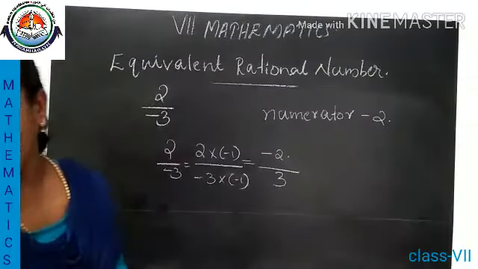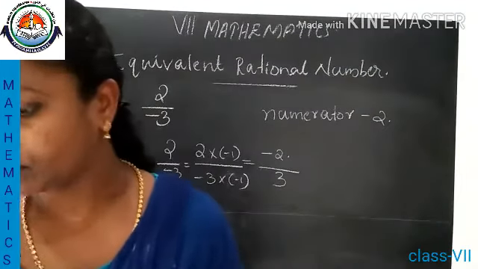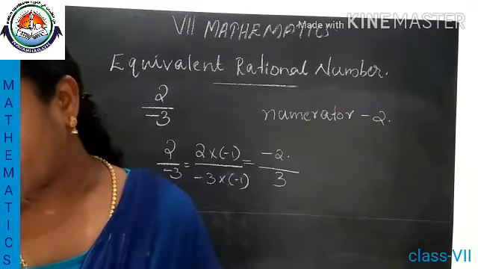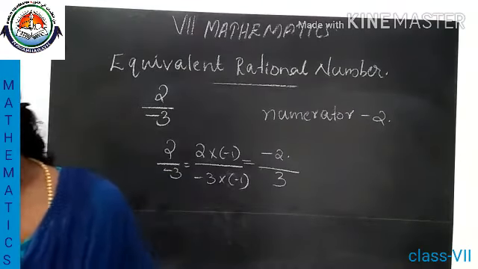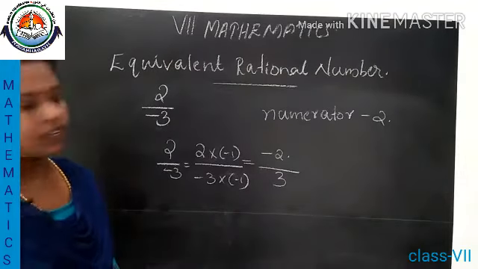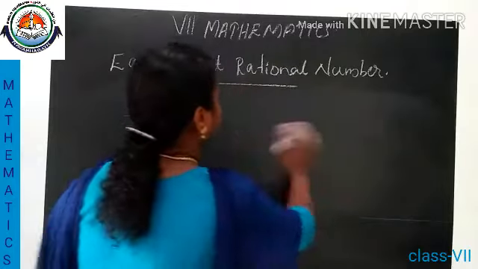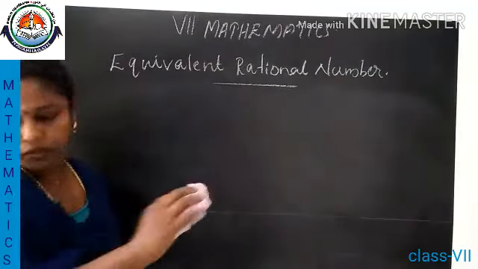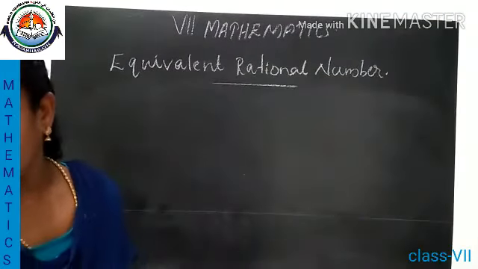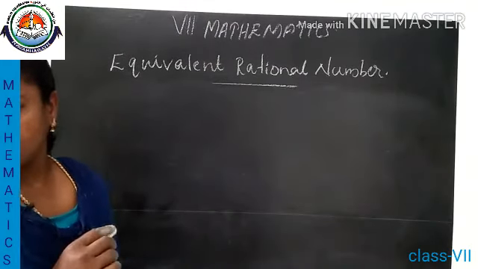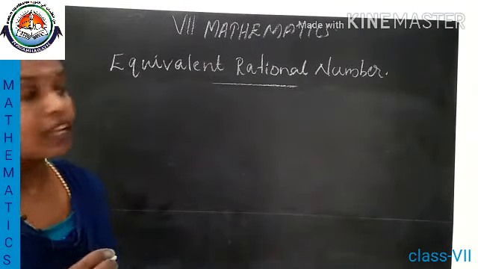One more question. Express negative 3 by 7 as a rational number with denominator negative 21.